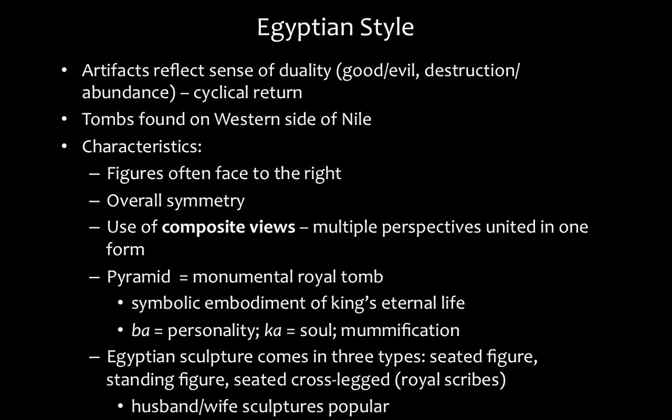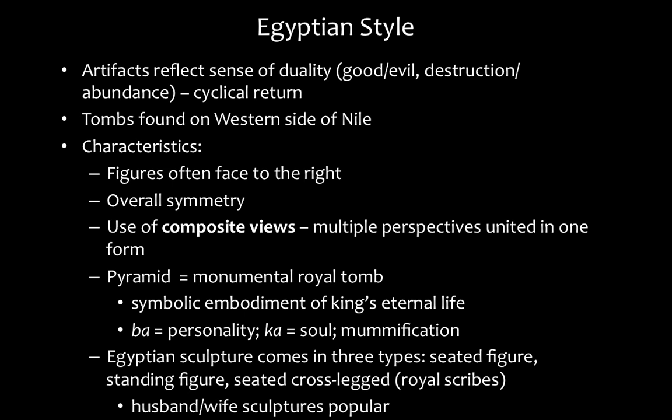We'll look at some tombs, most famously, of course, the pyramids of Giza. And tombs are almost always found on the western side of the Nile River. And that's symbolic because the sun sets in the west. And so a burial tomb would be in the region of the Nile where the sun sets.